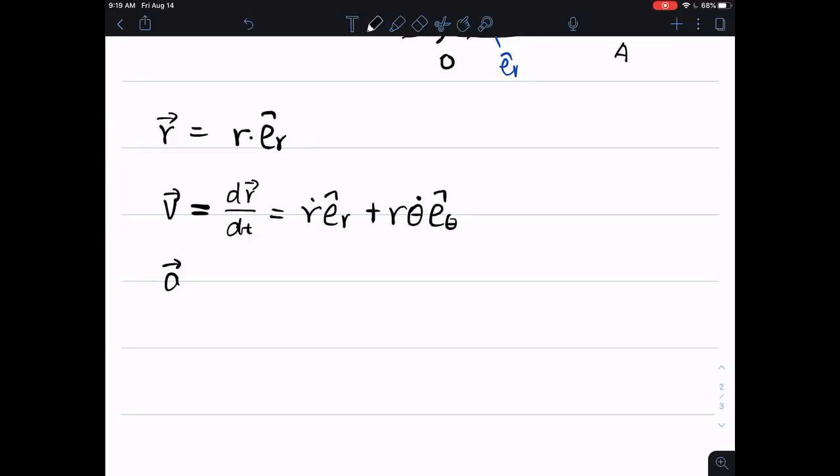If you're interested in that part of the math, you can come to my office hour, and we can spend probably 35, 40 minutes. I will show you step by step how we get there. But for most of you, I guess, you don't really care how we get there. Just remember this is the expression for velocity for the polar system.